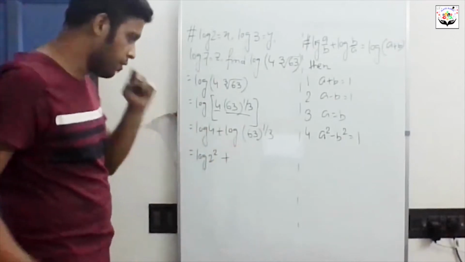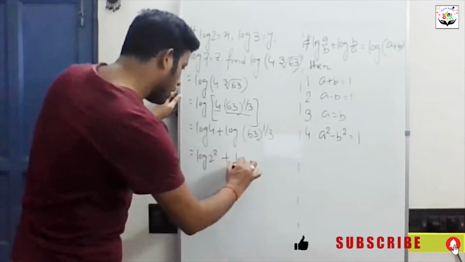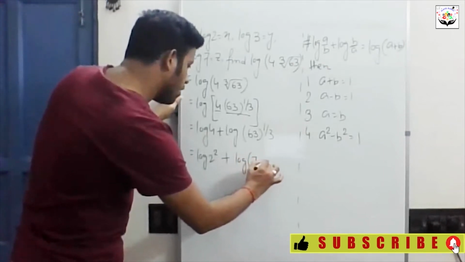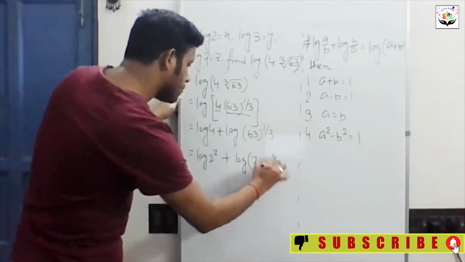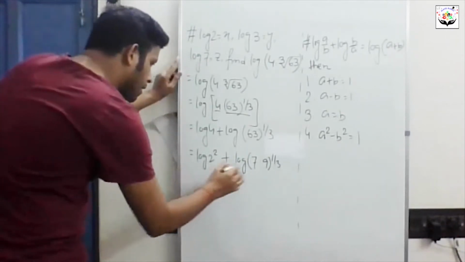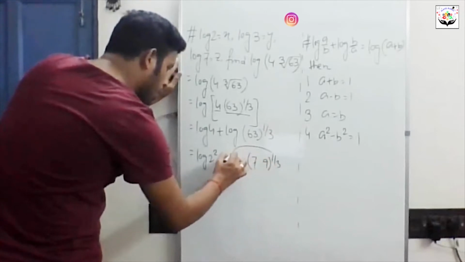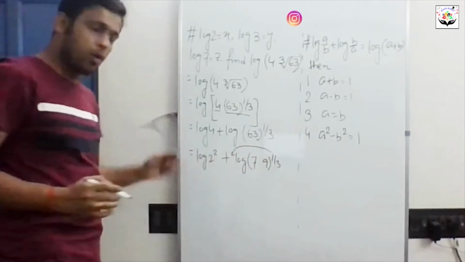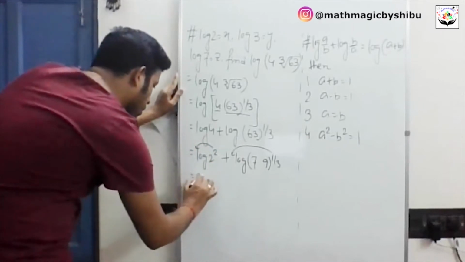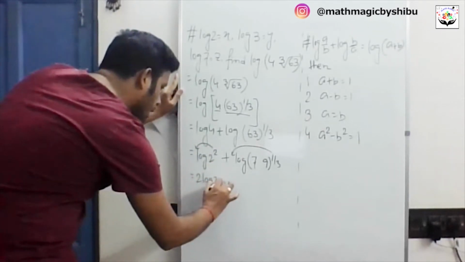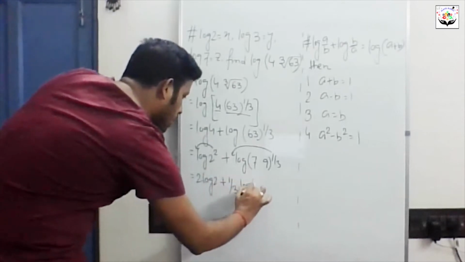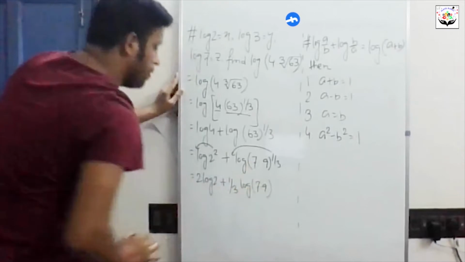Can I represent 63 as 7 into 9? Yes, we easily can. And we can always bring this power as a coefficient of the log, like we'll do now. So it will become 2 log 2 plus 1/3 log of 7 into 9.